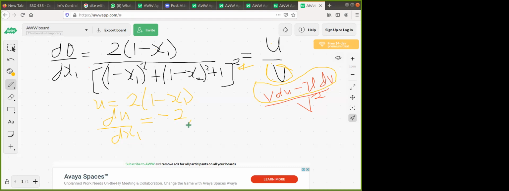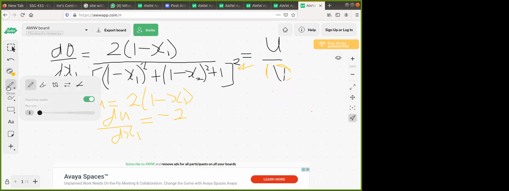Now let's find v. Where's this eraser? All right, so I can clean this. So now I have to find v. Oh, okay, we're not finding v, we have v, sorry.